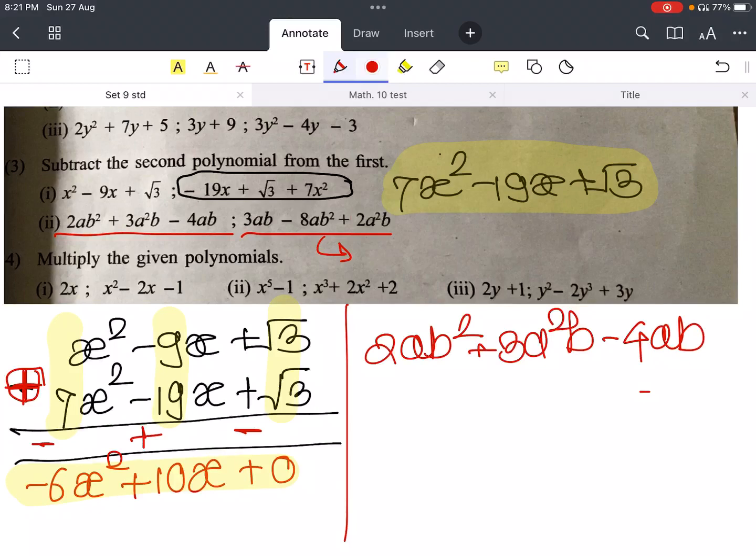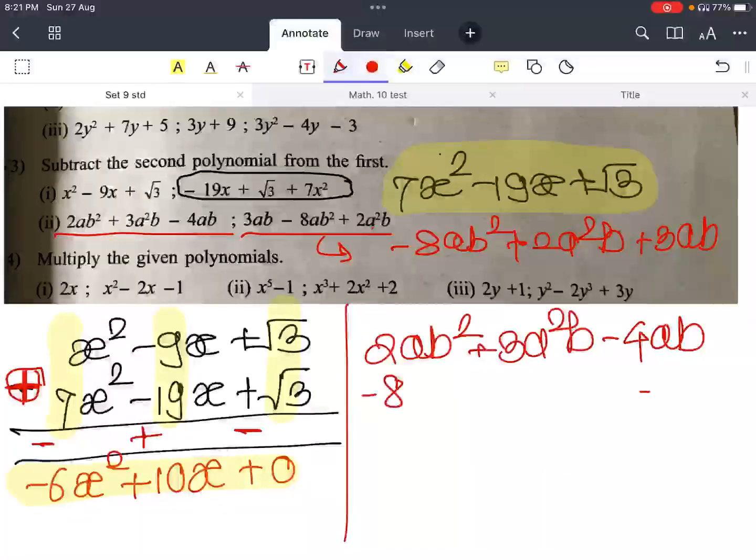So where is ab square? That is right here, minus 8ab square. Maybe we have to convert it into standard form. Next one, what is it? a square b. So a square b is plus 2a square b, and the last one is ab, so that will come as plus 3ab. Clear?